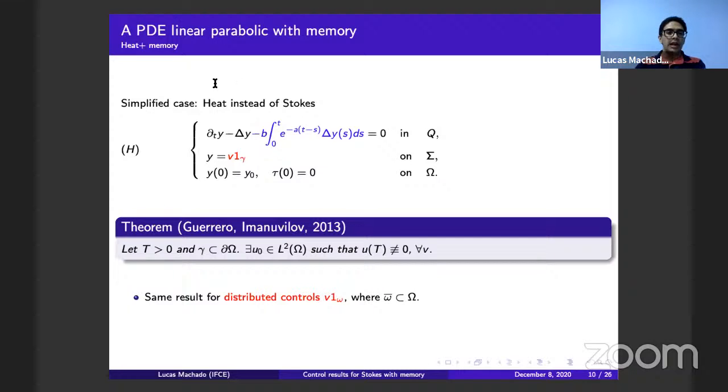Well, on the other hand, considering heat instead of Stokes, we obtain the heat equation with memory. Here, we don't have pressure, and note that here the control is acting on the boundary, okay? Then Guerrero and Imanuvilov proved that the heat equation with memory is not null controllable, and the same result for distributed controls is true too, okay?